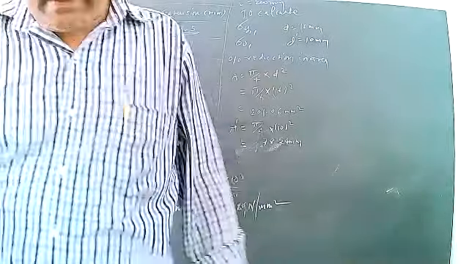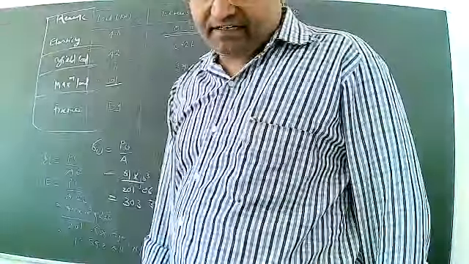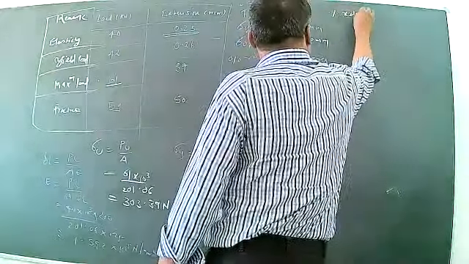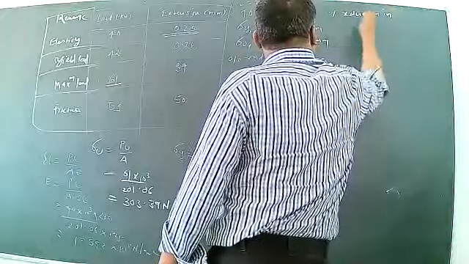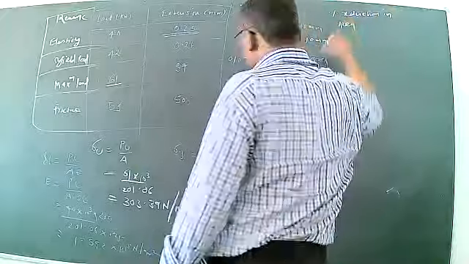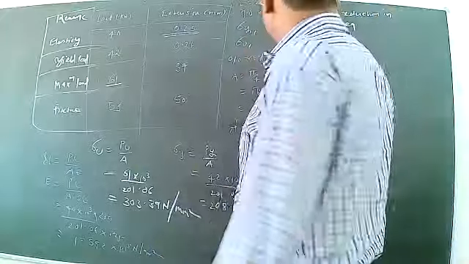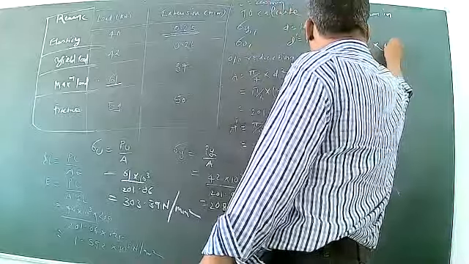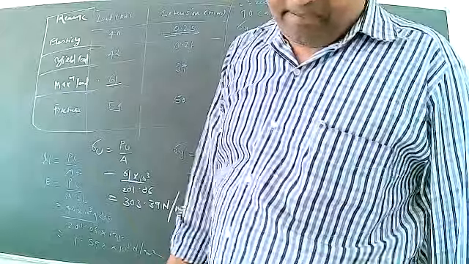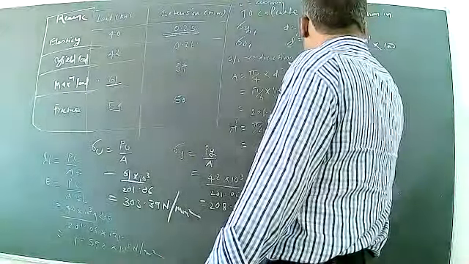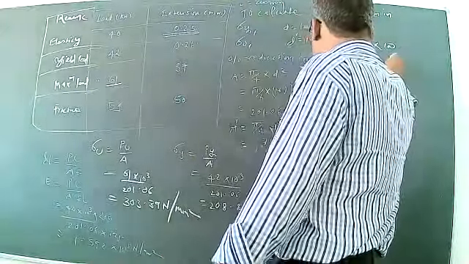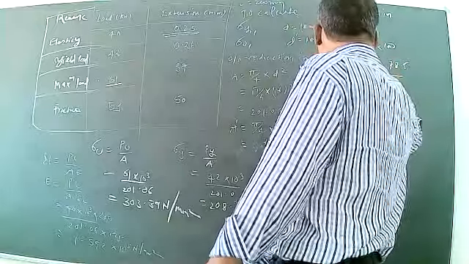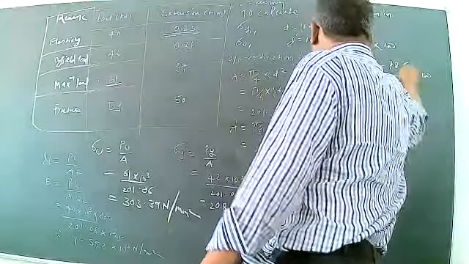Once we calculate E, then percentage reduction in area is A minus A dash upon A into 100. We just put in the values: 201.06 minus 78.5 divided by 201.06 into 100.